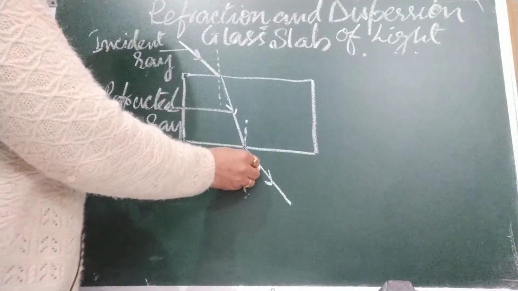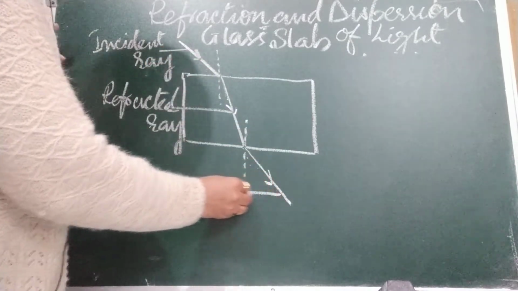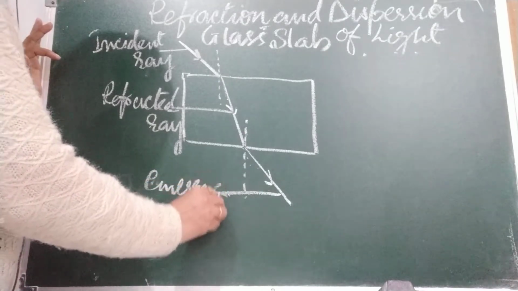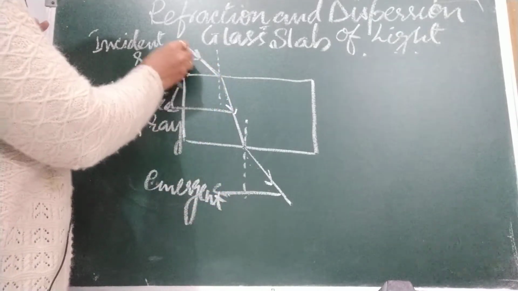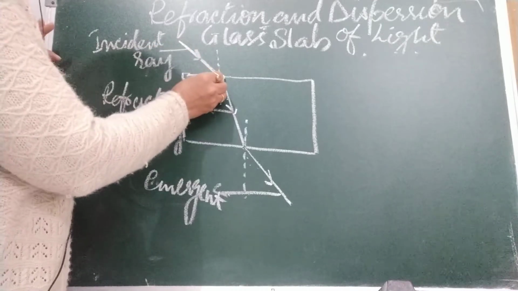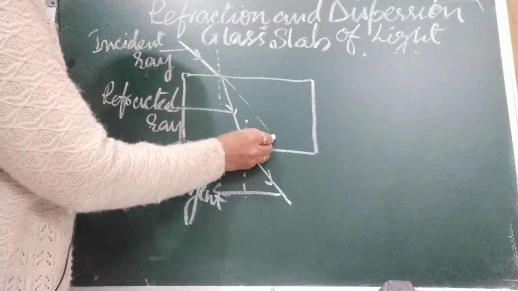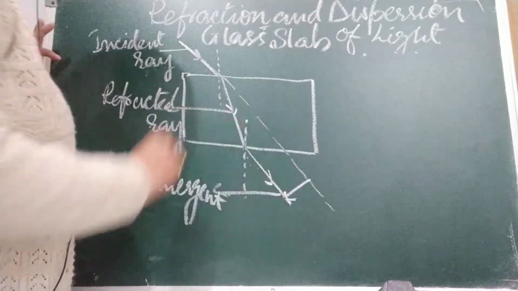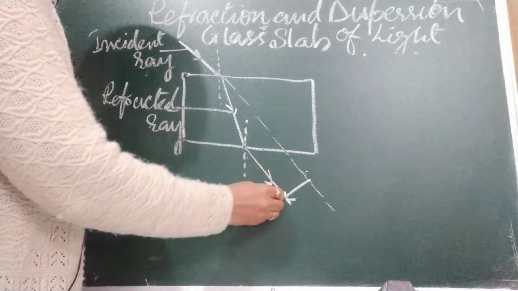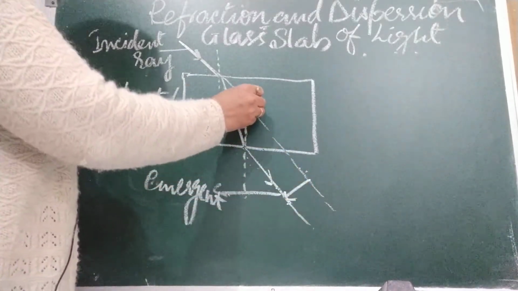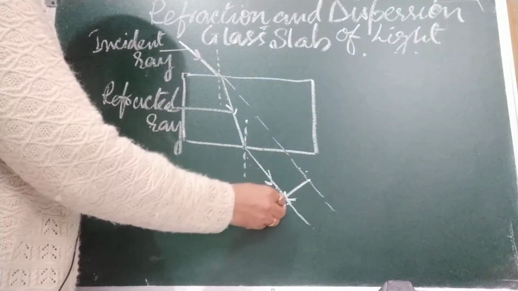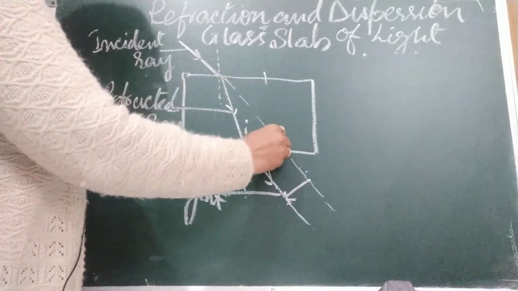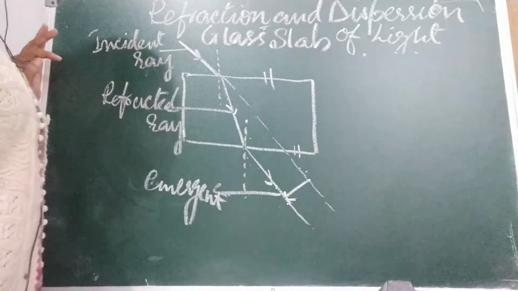Children, so we get this incident ray in the form of an emergent ray, which comes out from the glass slab. But if we trace the path of the incident ray, it has to move like this. But it is shifted from here to here. Both are parallel to each other. So in a glass slab, the shifting has taken place, but they are parallel to each other. Why? Because the opposite sides are parallel to each other.